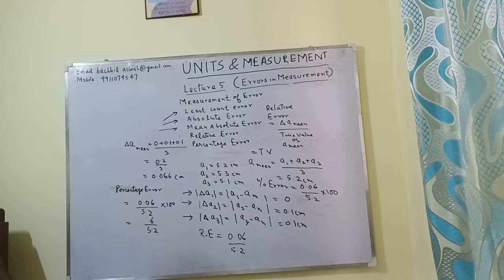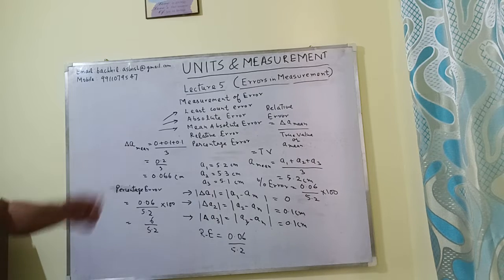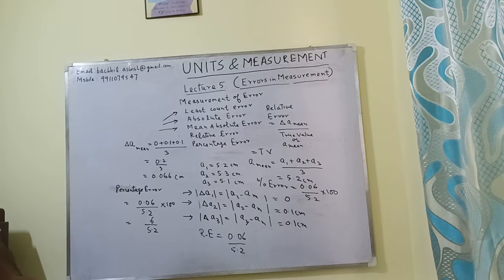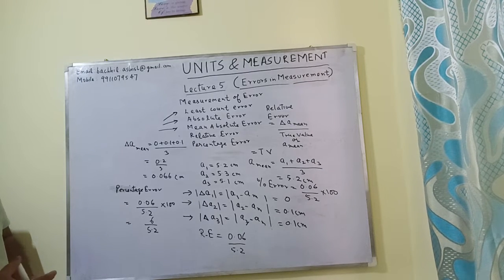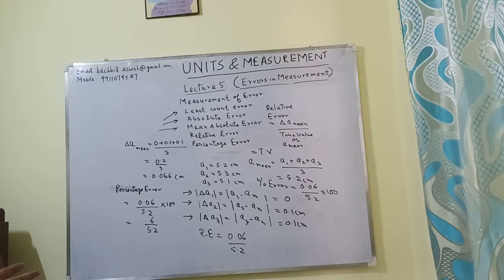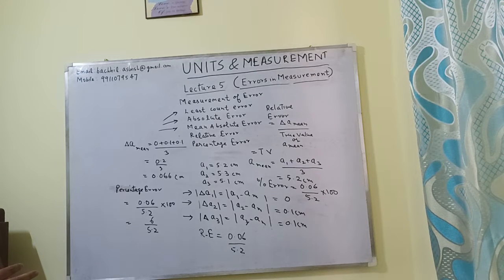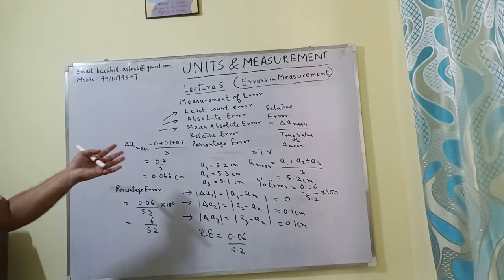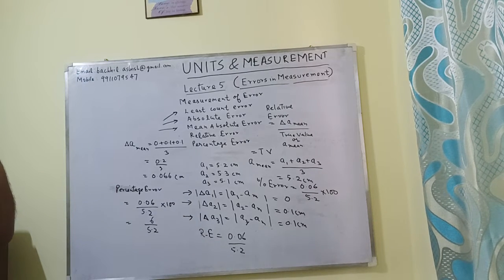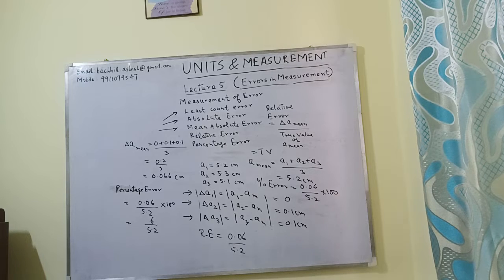In the next class we will try to solve a couple of questions from this topic. The next lecture, lecture number 6, will solve a couple of questions, and thereafter we will move on to the next topic in errors in measurement, that is combination of errors.